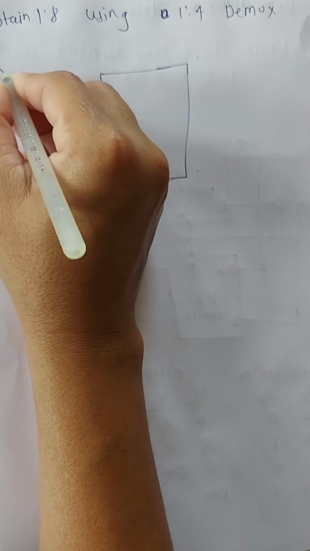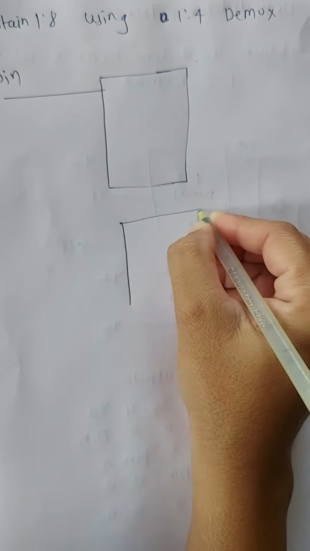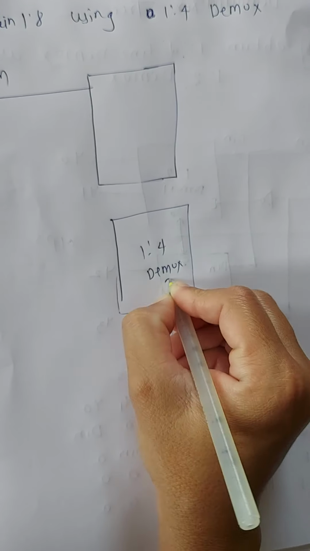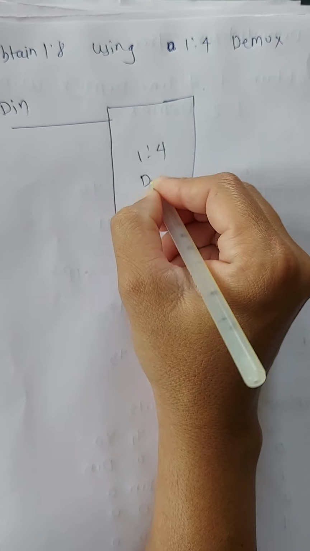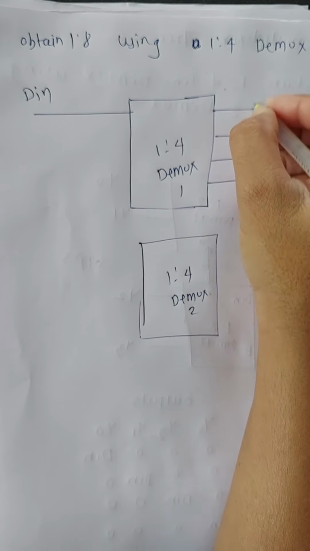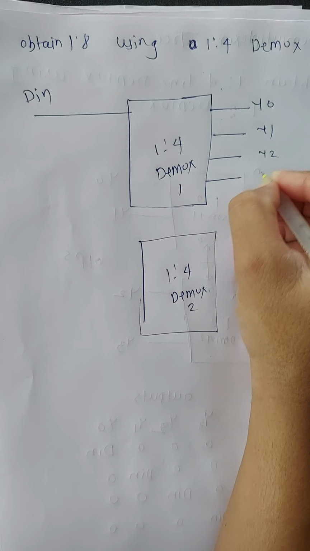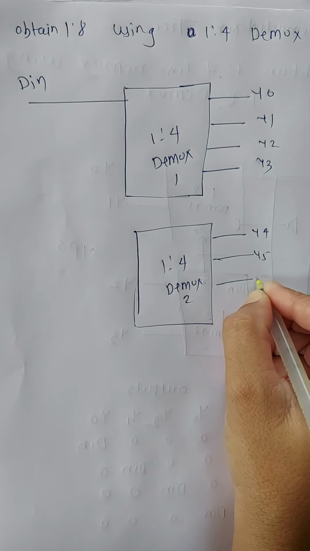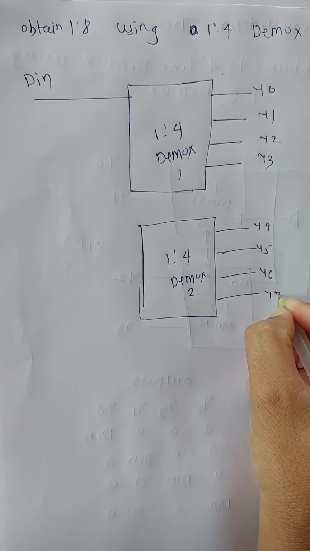This is the D in, and this is 1:4 demux 2. This is 1:4 demux 1. For demux 1, the outputs are Y0, Y1, Y2, Y3, Y4, Y5, Y6, Y7.